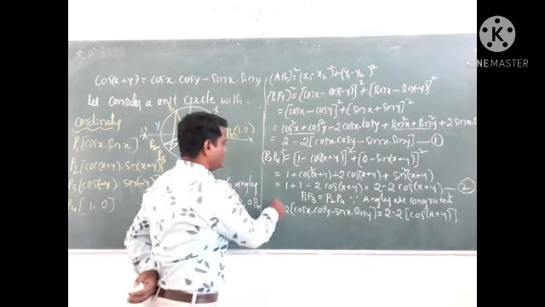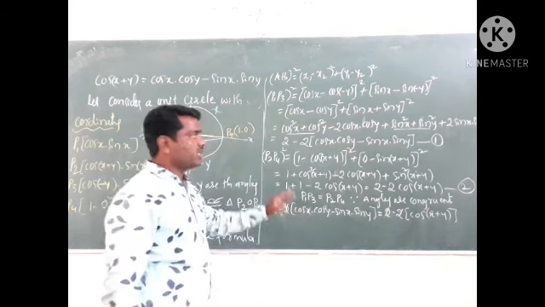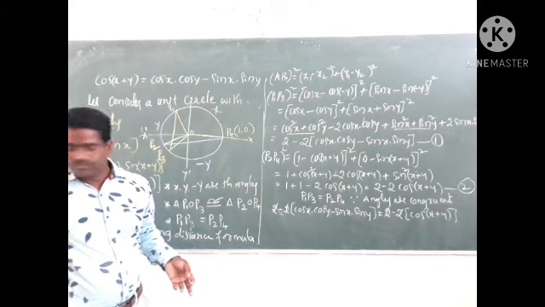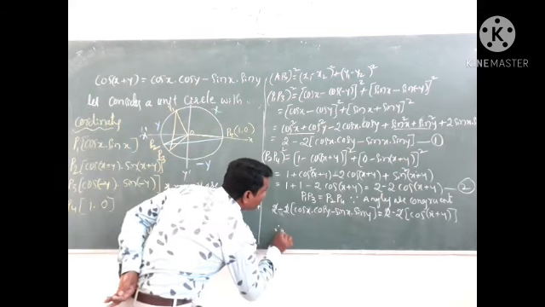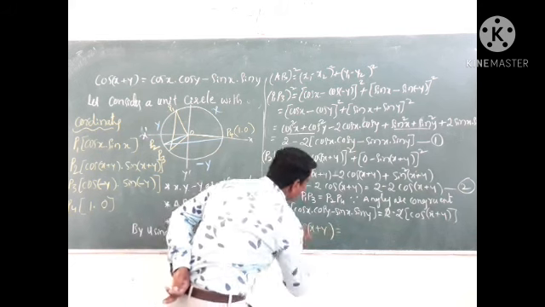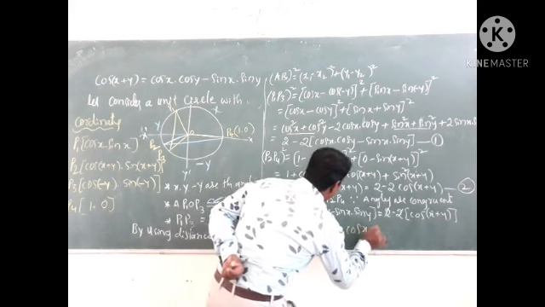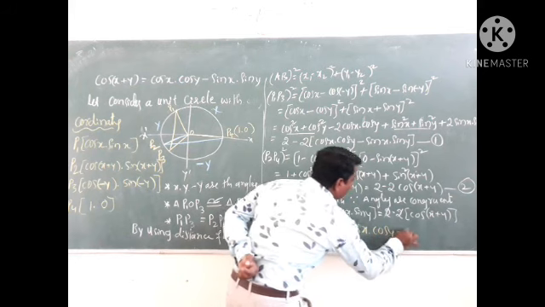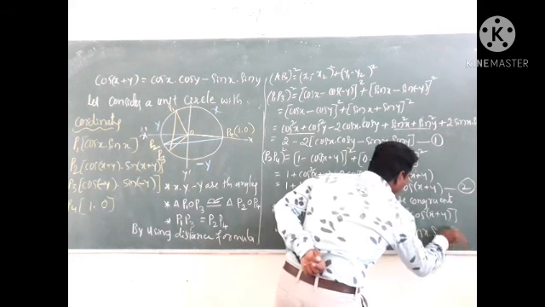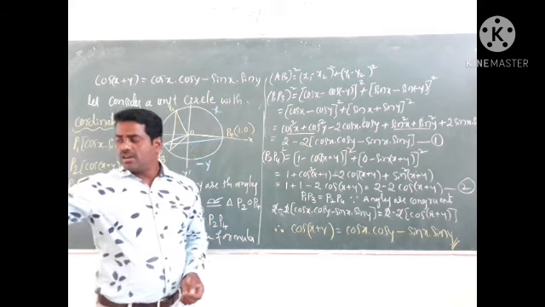Now these two cancel and these two cancel. Therefore cos(x plus y) is equal to cos x cos y minus sin x sin y. Okay, this is verified and this is your answer.